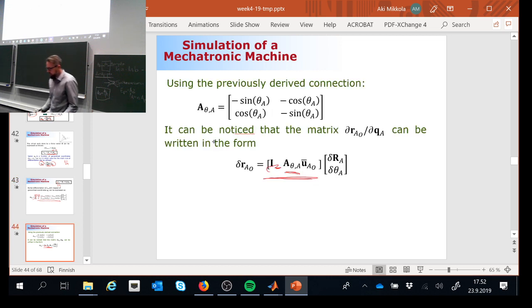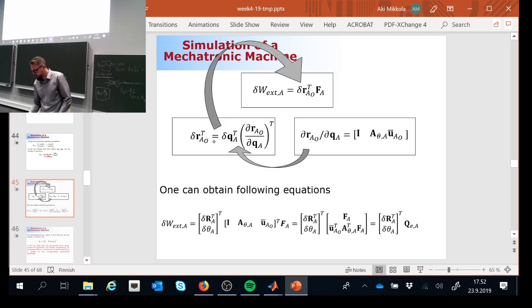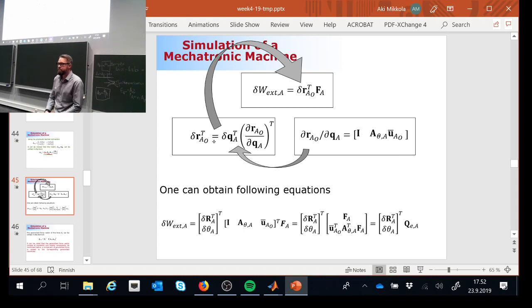Okay, now when I'm putting everything together, this is the big picture. This is how it looks. Maybe the best way to get started is that we have the concept of virtual work. Virtual work is force multiplied by displacement. This time we're going to deal with the virtual displacement, and because we're dealing with the virtual displacement, this delta R can be expressed as it is shown here.